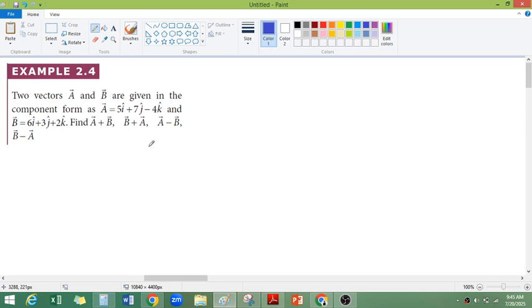Find a plus b, b plus a, minus b, b minus a. Okay, so a vector is equal to 5i plus 7j.